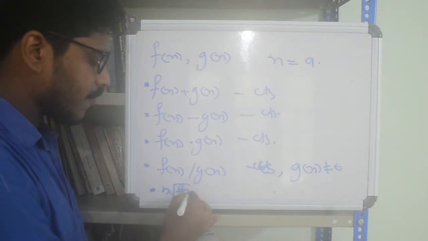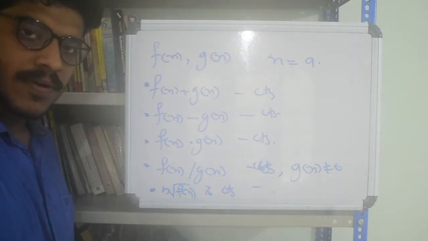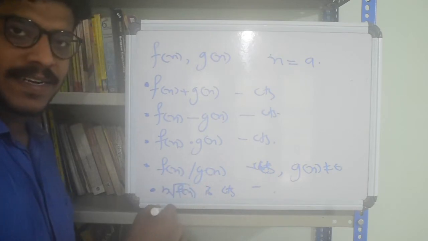The nth root of f of x is continuous wherever the nth root of f of x is defined.